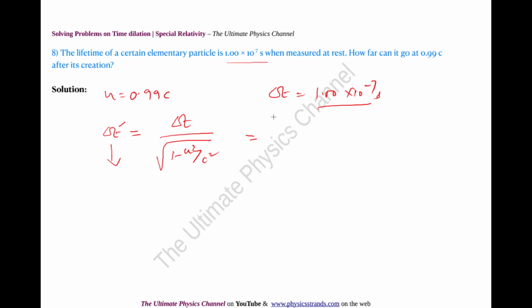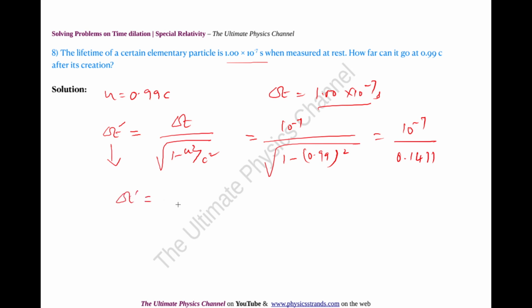Similarly here, this elementary particle's lifetime is 10 power minus 7 seconds in its own frame. So on Earth, if we put this in, we get square root of 1 minus 0.99 squared, where c squared and c squared cancel. If we work out the math, that is going to be 10 power minus 7 over 0.1411. And therefore del t prime is going to be equal to 7.089 into 10 power minus 7 seconds.